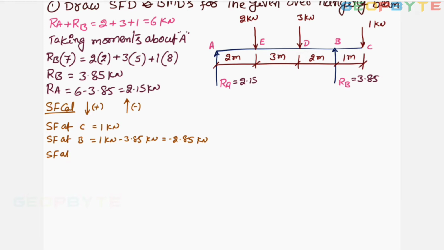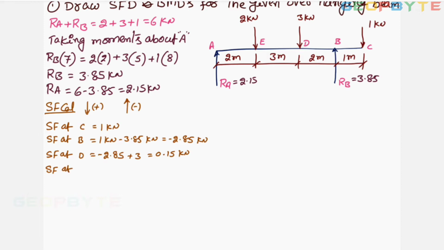Similarly, SF at D: already minus 2.85 is there. At D, it is a downward force. Vertically downward force is taken as positive, plus 3, equal to 0.15 kilonewton.